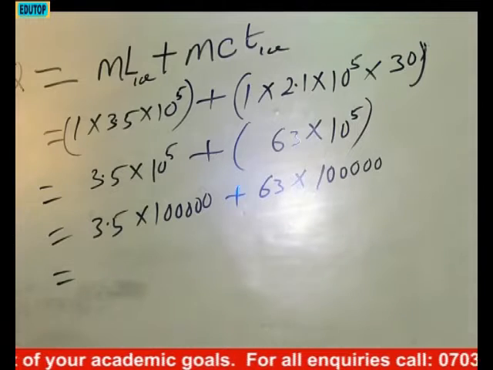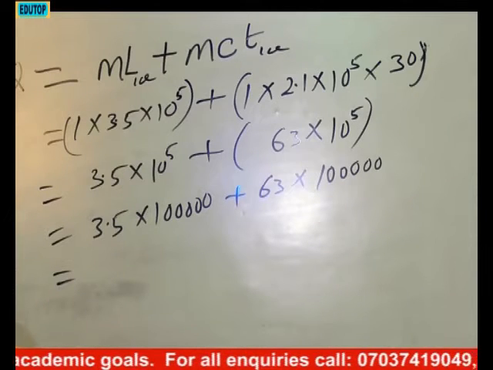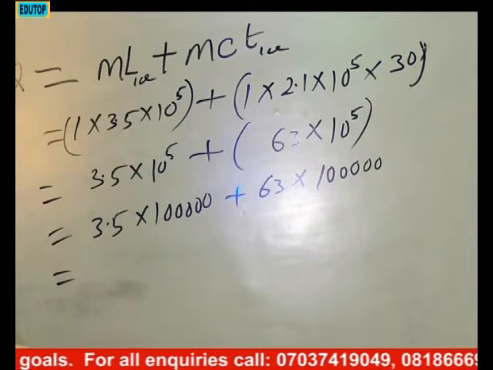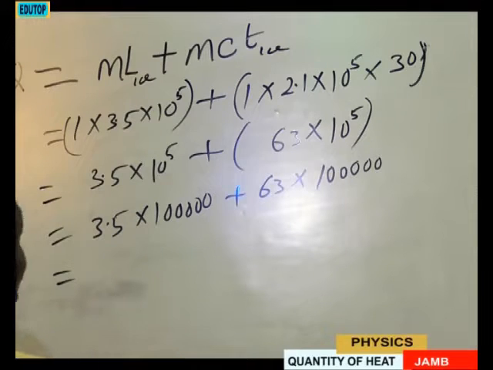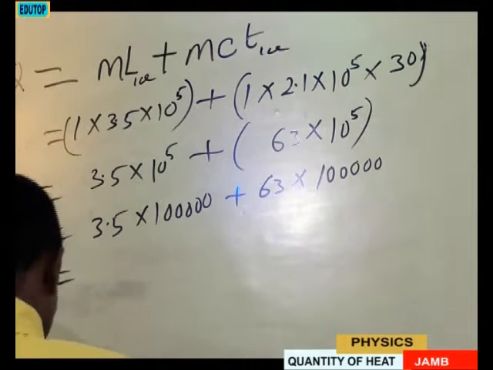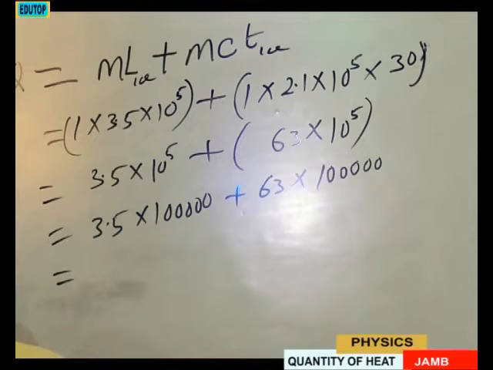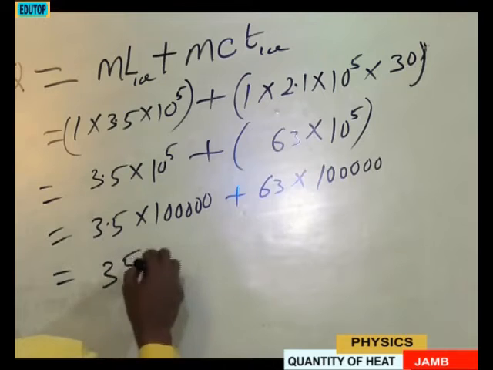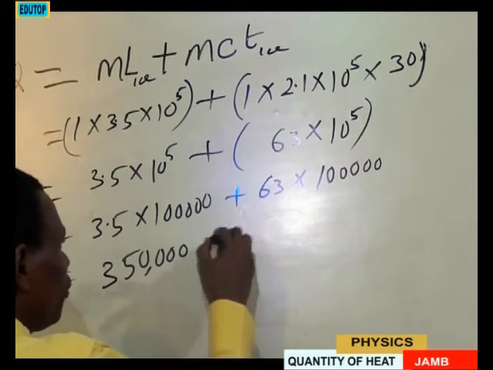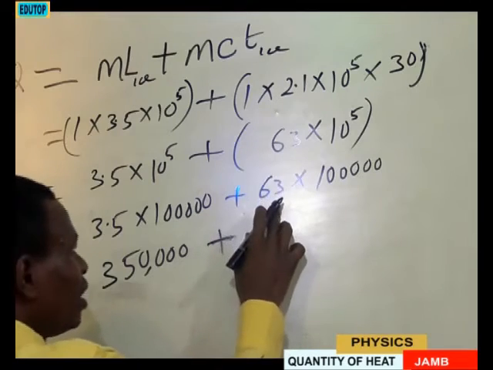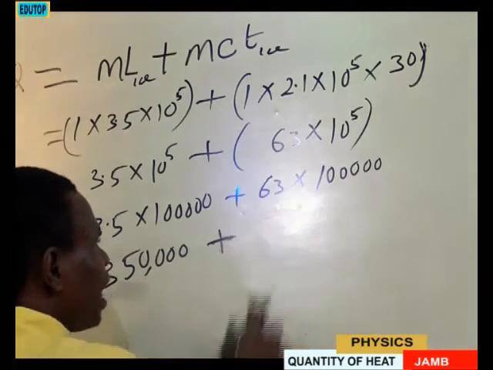So let's now see what will be the value of the first one, which is 3.5 times 100,000. We are going to have 350,000 plus the value of 63 times 100,000.